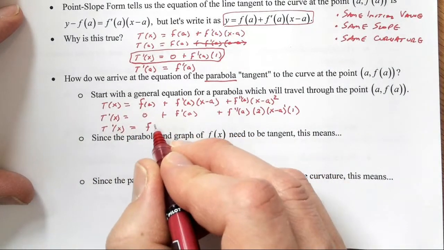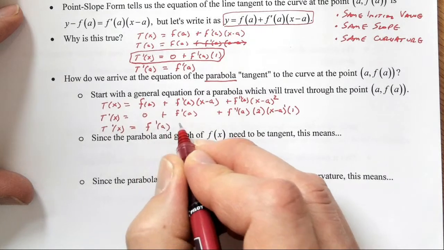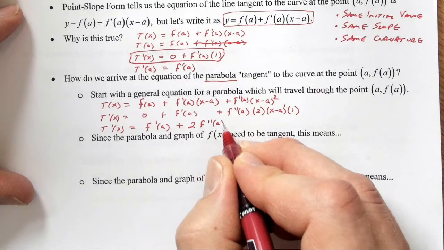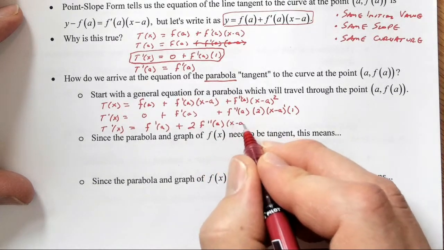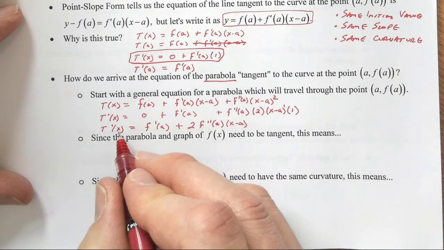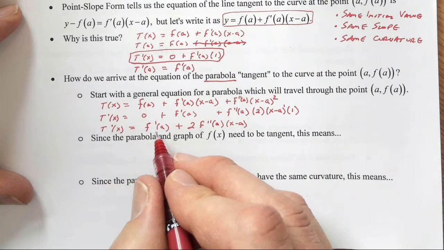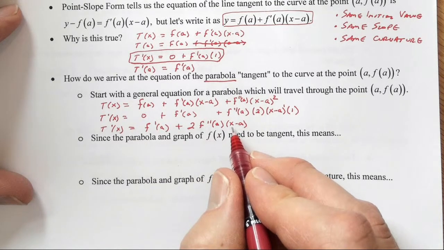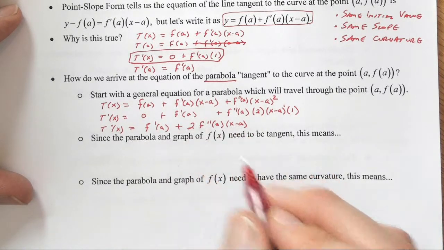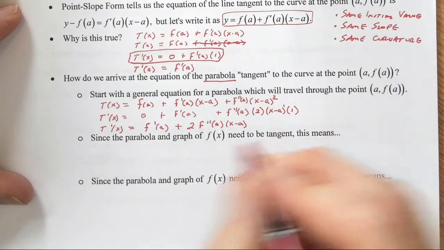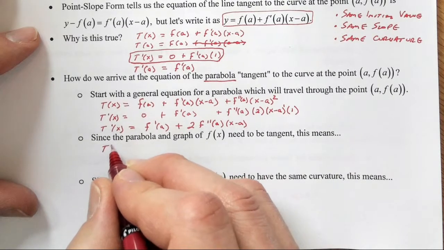We have f prime of a plus 2 f double prime of a times x minus a. And if we were to plug in a for t prime, once again we would end up with f prime of a, because x is equal to a, so this whole term would go to 0.